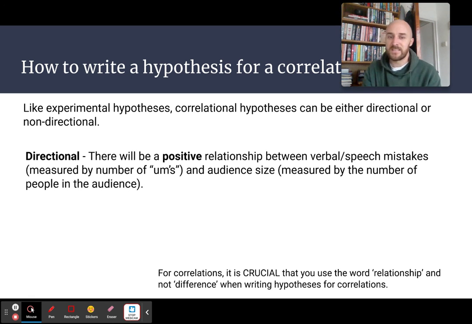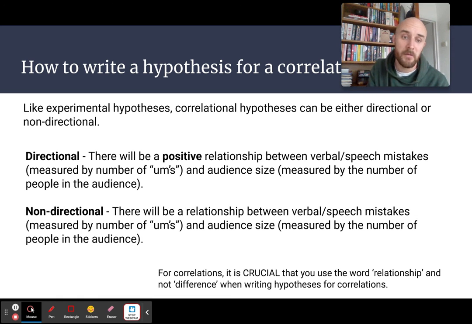Directional states, for example, there will be a positive relationship between speech mistakes, measured by the number of ums, that's a number, and audience size, not operationalized, but it is now measured by the number of people in the audience. Whereas a non-directional one would be there will be a relationship.